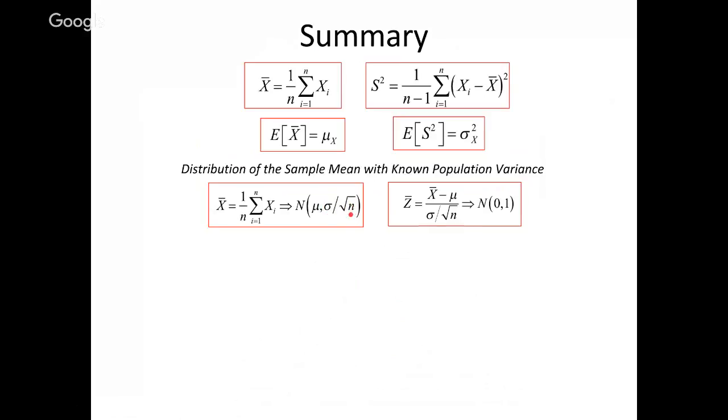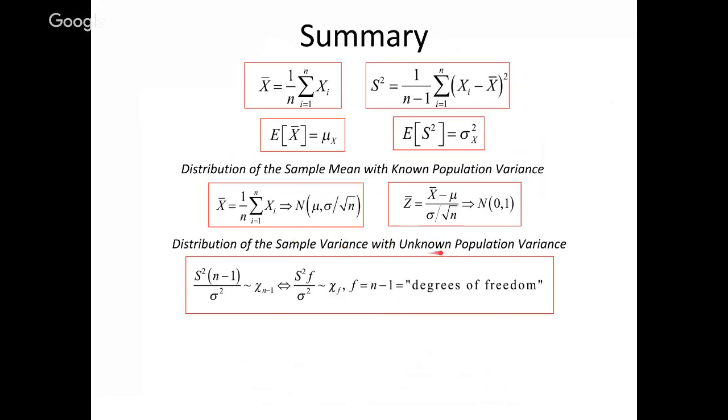That was kind of cool because we can see that our distribution of sample means around the true population mean is going to get tighter and tighter as we increase the number of samples that we're using to calculate that sample mean. And because X bar is normally distributed with mean mu and standard deviation sigma over square root n, that automatically implies that we can construct a corresponding standard normal variate, which is going to be normally distributed with a mean of 0 and a unit standard deviation.